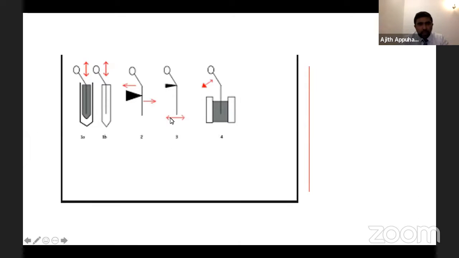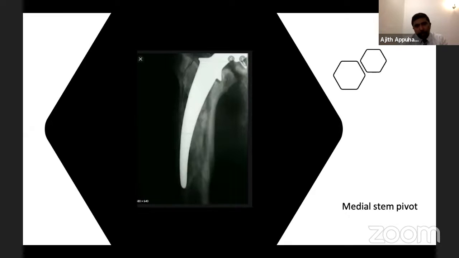In this example, you can see the proximal segment has shifted medially while the distal segment has shifted laterally.